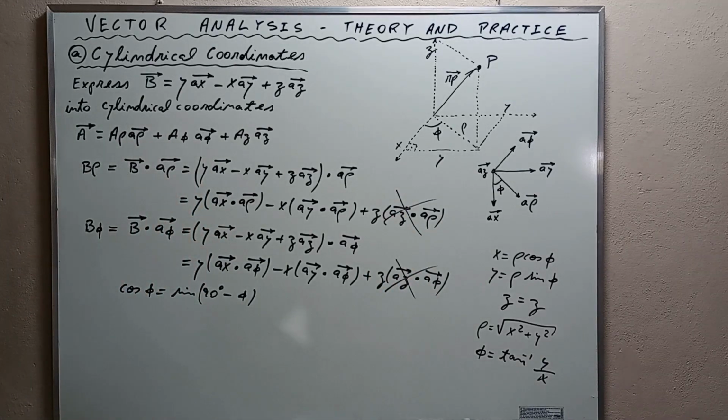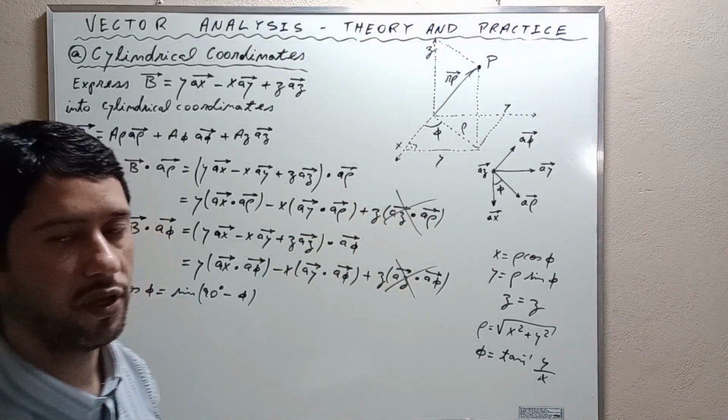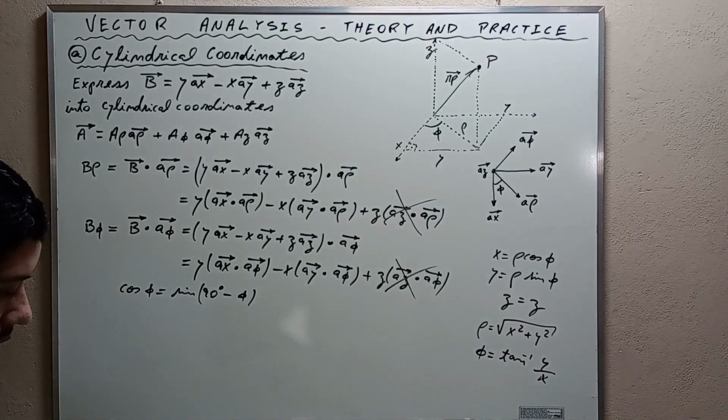That's why anything in a dot product with z is 0. Alright? In this way, I'm going to erase this here, and I'm going to show you the rest of the solution.